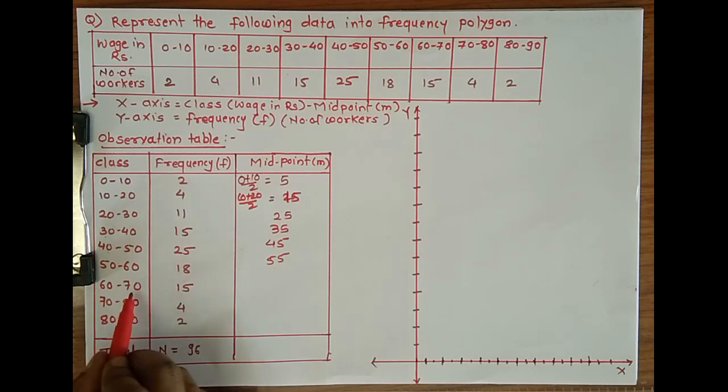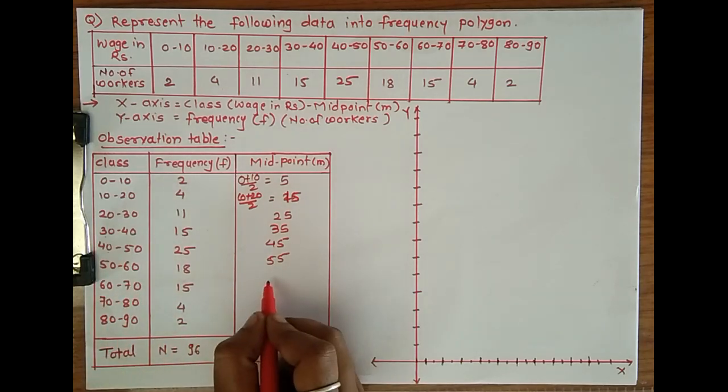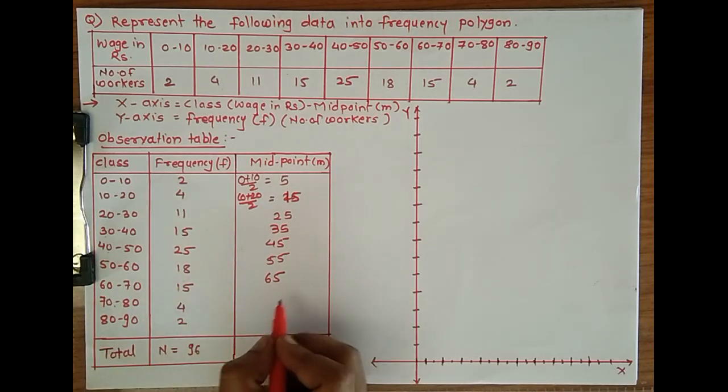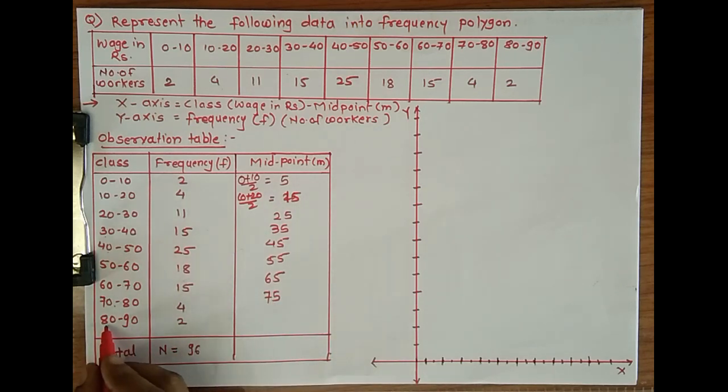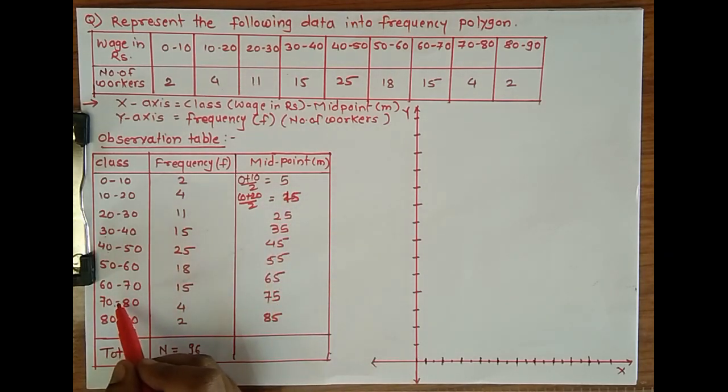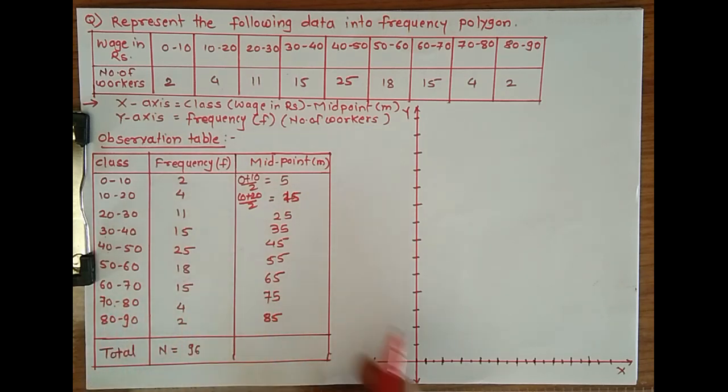Next, 60 plus 70 divided by 2, which is 65. 70 plus 80 divided by 2, which is 75. And last, 80 plus 90 divided by 2, which is 85. Midpoint is the value of the class which belongs to the class. We do not need the summation of midpoints.